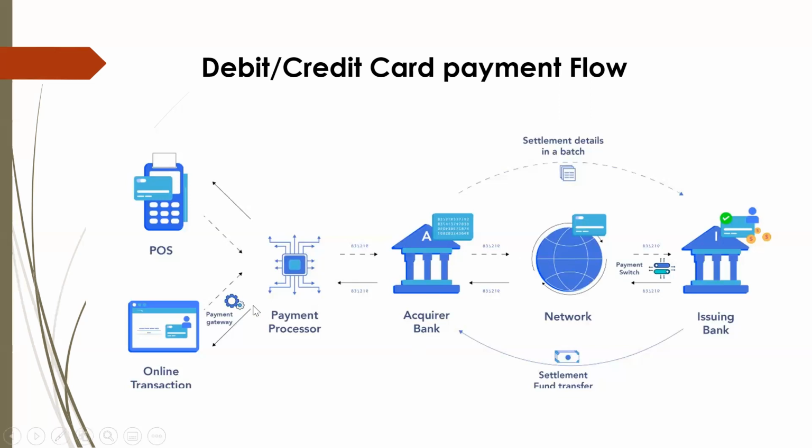The merchant contacts his bank, ICICI Bank, the acquirer bank, and it sends the message to HDFC Bank through the network. HDFC Bank checks my balance and whether the transaction can be allowed or not. If everything is fine, it says okay, and based on that the payment is successful. Once the payment is successful, Visa or MasterCard arranges the settlement file.